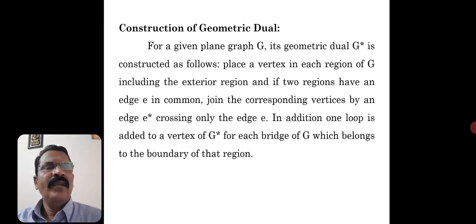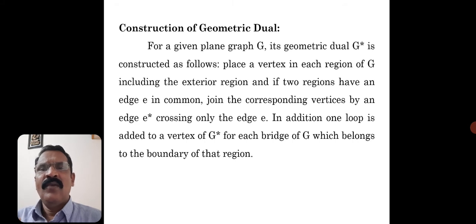In addition, one loop is added to a vertex of G star for each bridge of G. So if there is a bridge in the graph G, instead of that bridge, you have to add one loop for that region where you are getting that bridge. Obviously, the bridge will be on the exterior face.